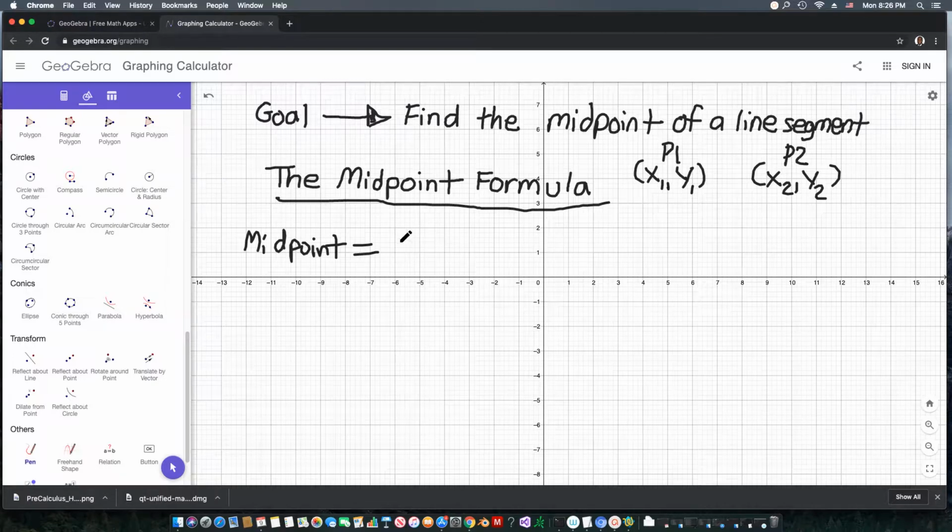So let's start. Let's focus on the x's. From point 1, we have x1. And also we want to add x2 from point 2. And we want the average from the 2 points.